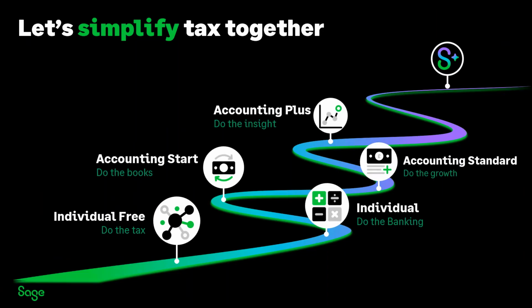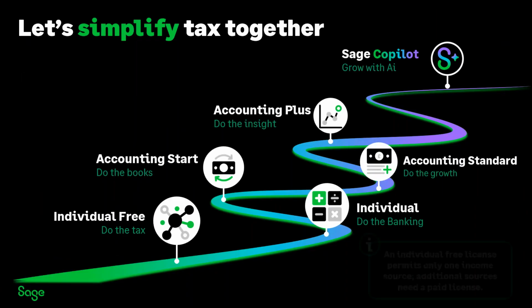How much do you want to be able to do with your business within the software? Do you just want to do the bare minimum to be compliant? Do you want all the bells and whistles? All of these products do become available with Sage Copilot as well. So it's entirely up to you how far you want to go with it.